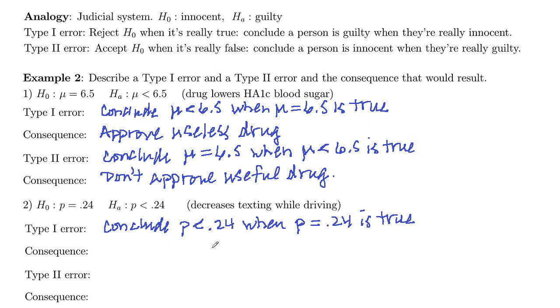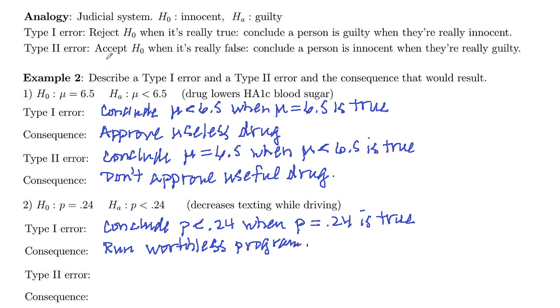In other words, you're concluding the program works when it really doesn't. A consequence would be that you run a worthless program. You spend the money implementing this program, and it really is not helping people.